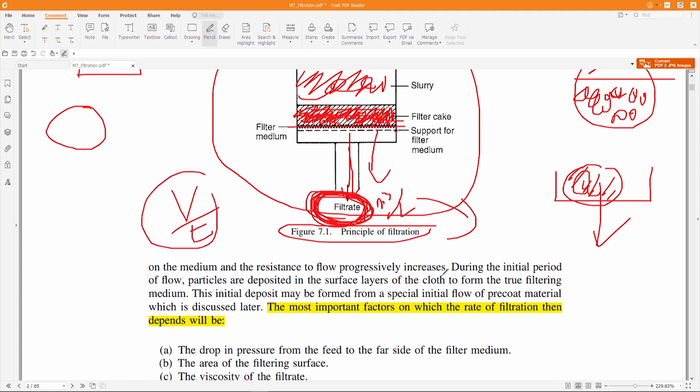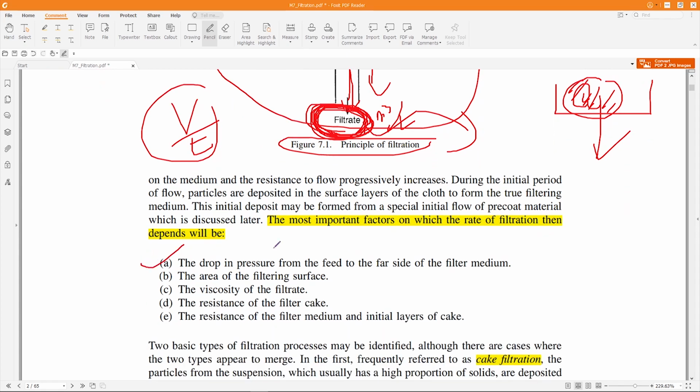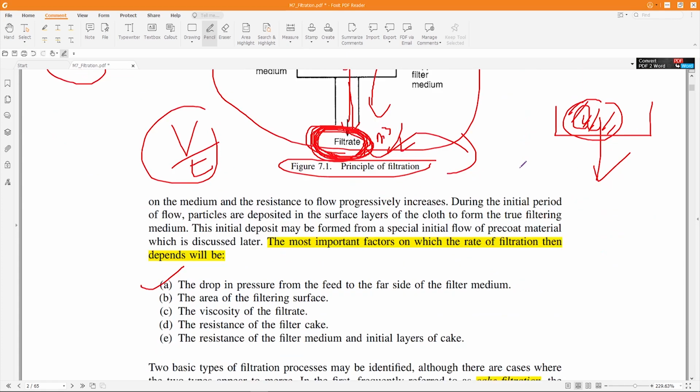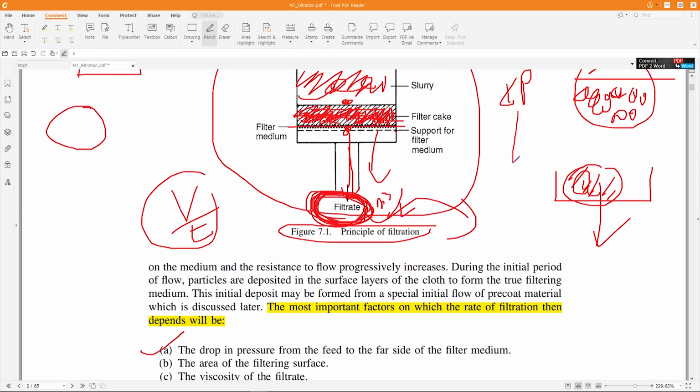So on which factors does it depend? The first is the drop in pressure from the feed to the far side of the filter medium. What is the pressure drop between this point and this point? Based on this pressure drop, the rate of filtration will depend.